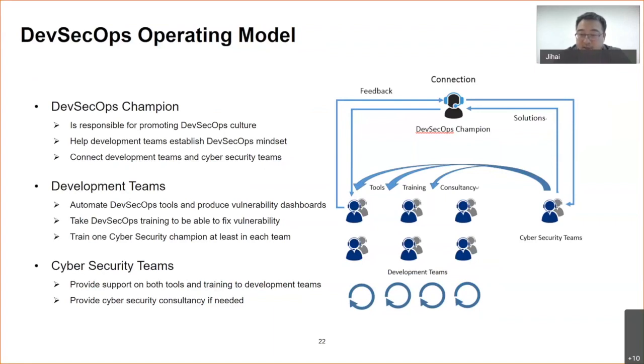By introducing this in their real work, over time they get used to the tools and know how to fix the vulnerabilities. Then finally, we make the left shift in the teams. This takes time. In our case, as I remember, it took a few months for the application teams to get used to the DevSecOps tools and also this mindset.